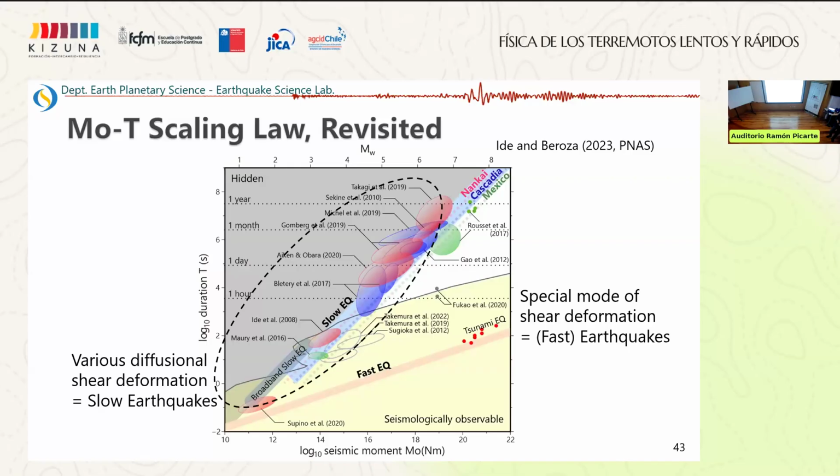And some people say that we can detect some anomaly of resistivity somewhere very close to slow earthquakes. So we consider slow earthquakes to be very well related to geofluid, and that can be detectable by magnetic observation.